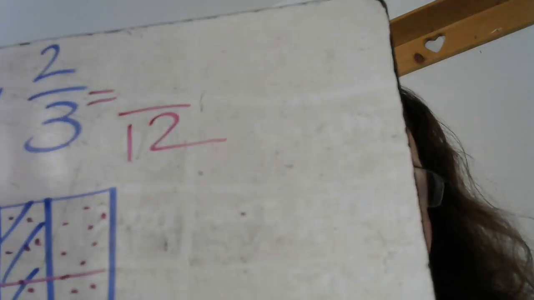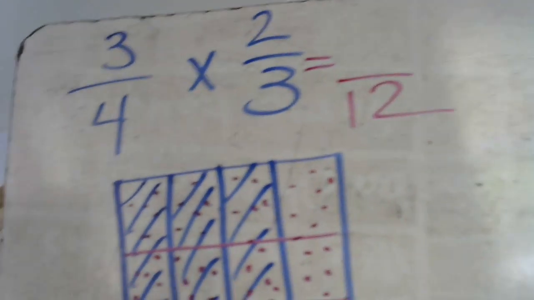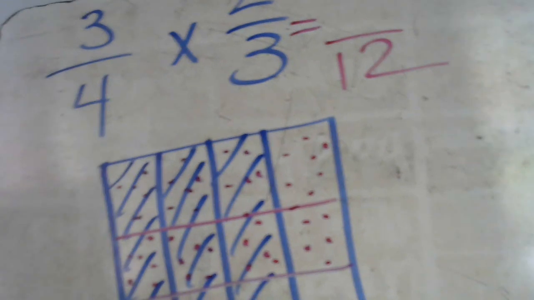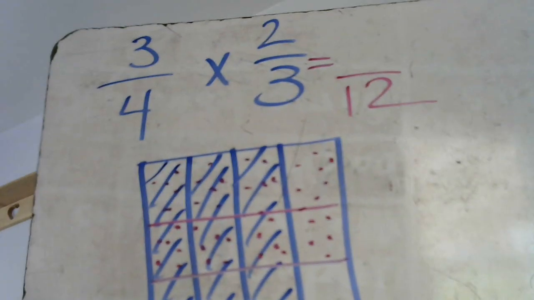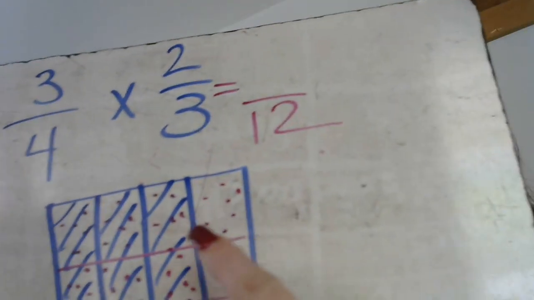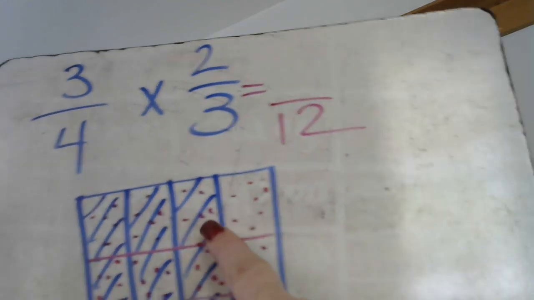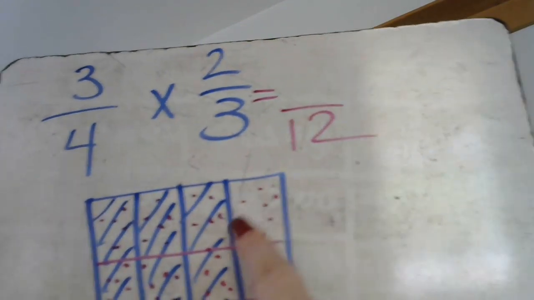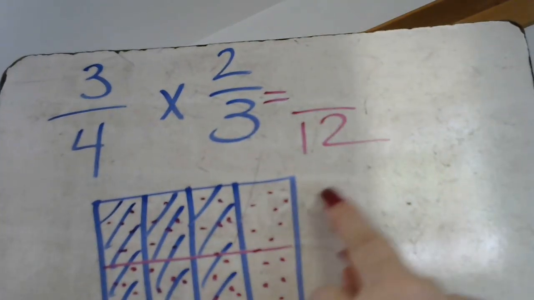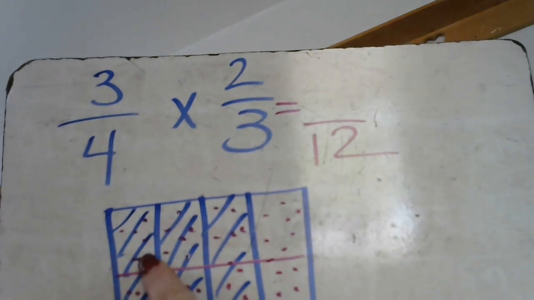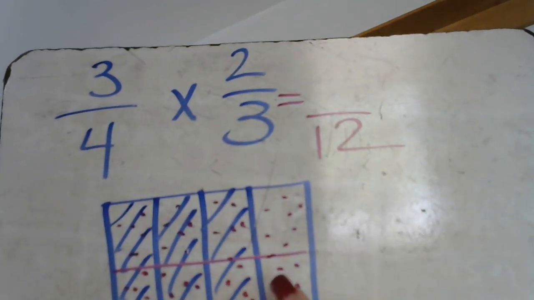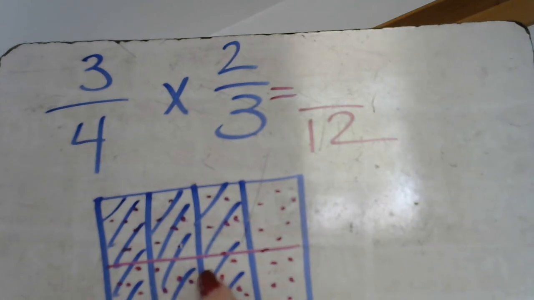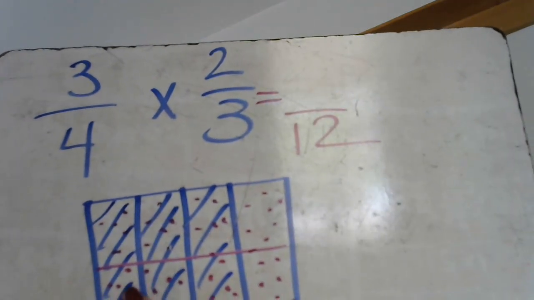So that's my new denominator. Now to get my new numerator, I count the boxes that have dots and stripes. So we've got one, well, hold on, guys. 1, 2, 3, 4, 5, 6 that have dots and stripes.